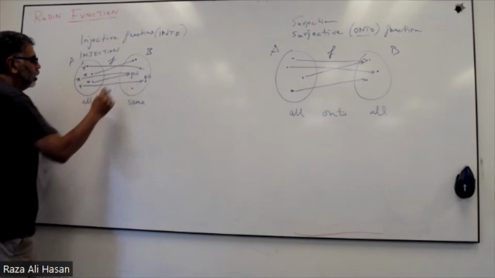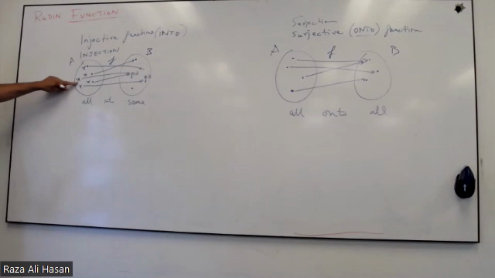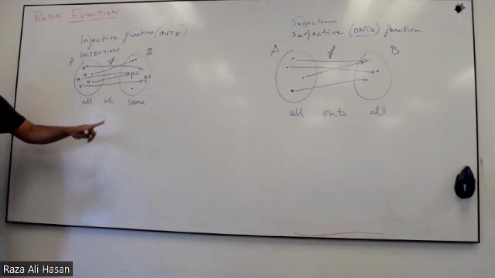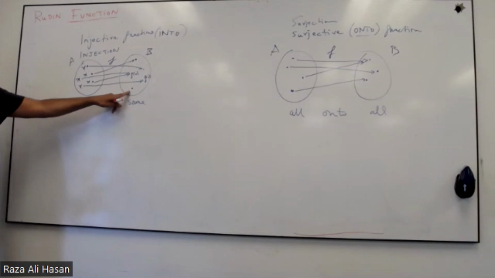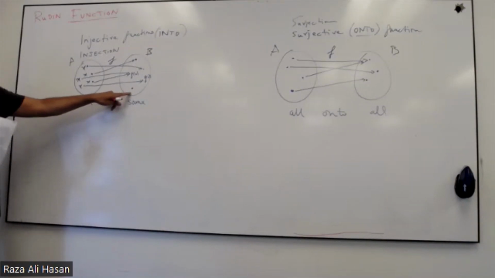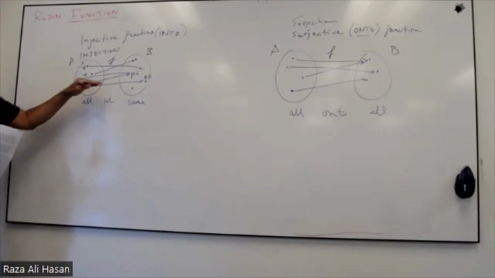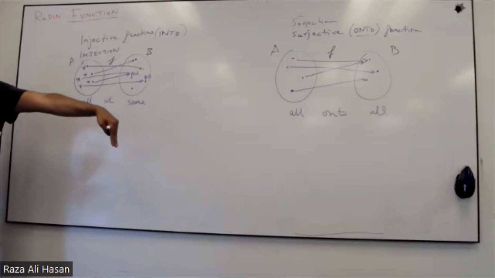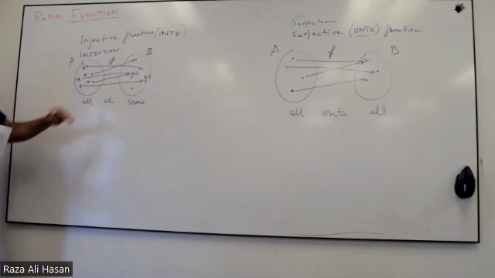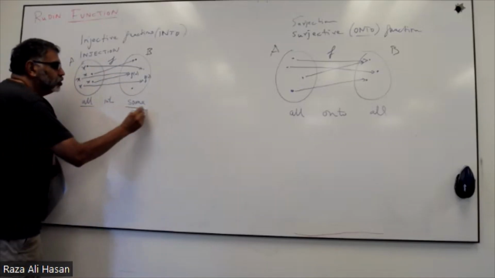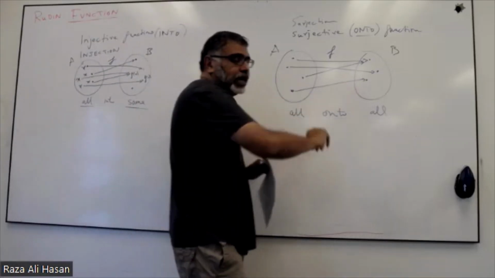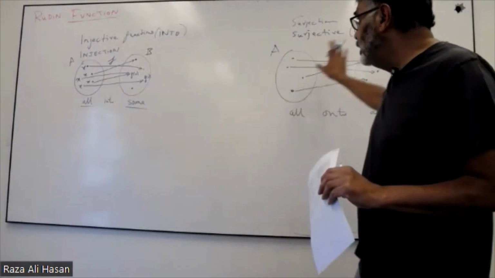Now you have 2 elements of the domain going to the same one, as long as one of the elements in the range in set B is left unarrowed. As long as there's one element which doesn't have an arrow going into it, then we can say all into some of the values here. And here we make sure everything gets covered. So these are the 2 things.